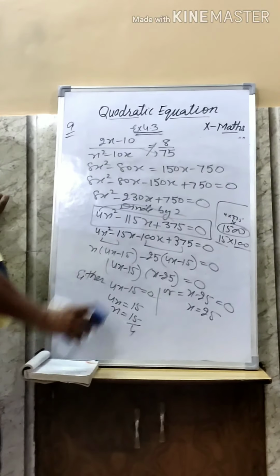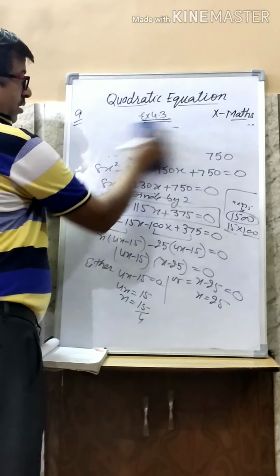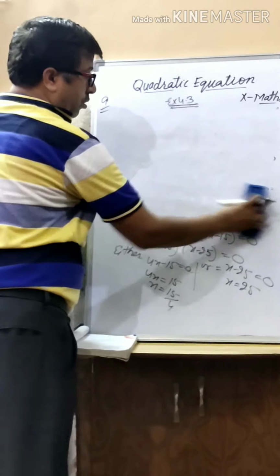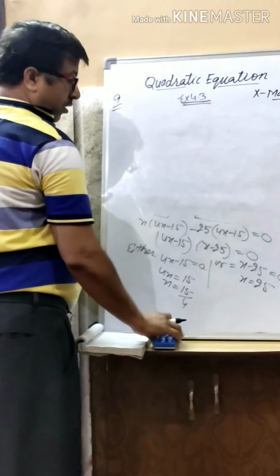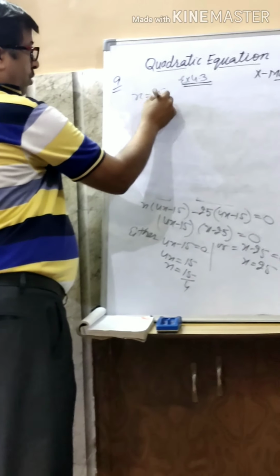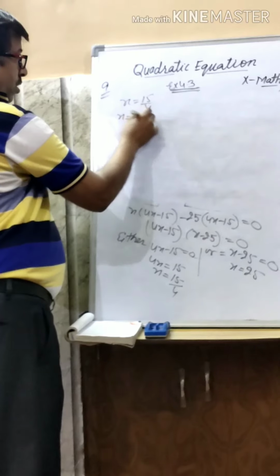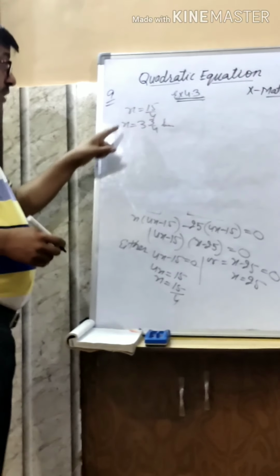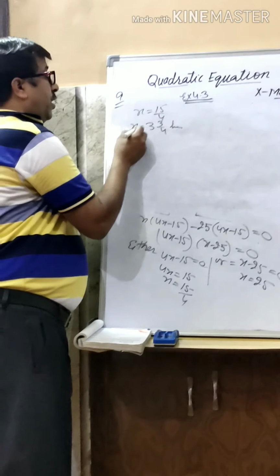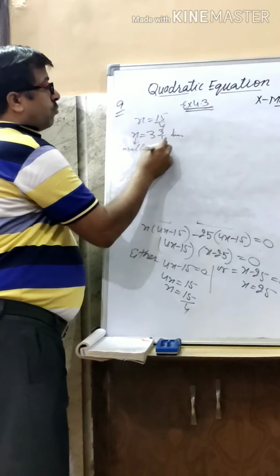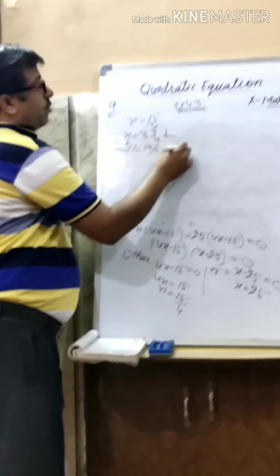Then what do you think? Are both the answer? So my dear students, you see both are not the answer. If I take x is equal to 15 by 4, that is x is equal to 3 3/4 hours, it is the time taken by the smaller tap.